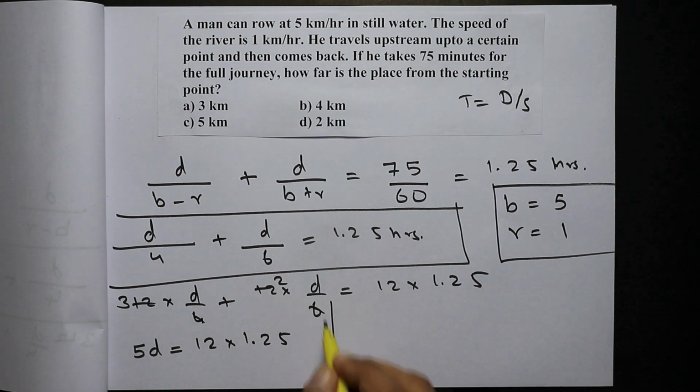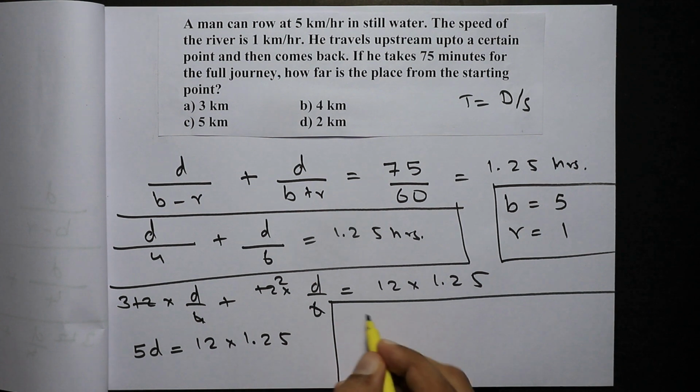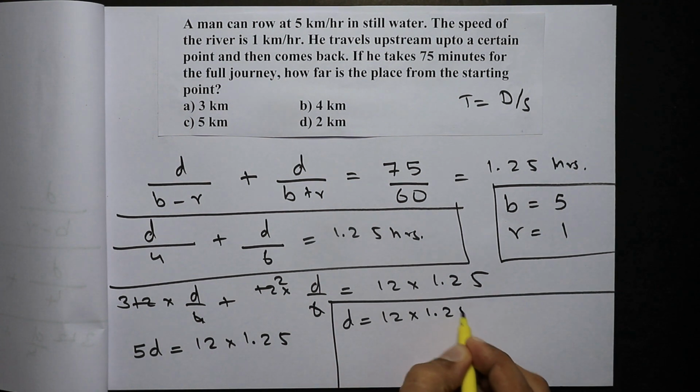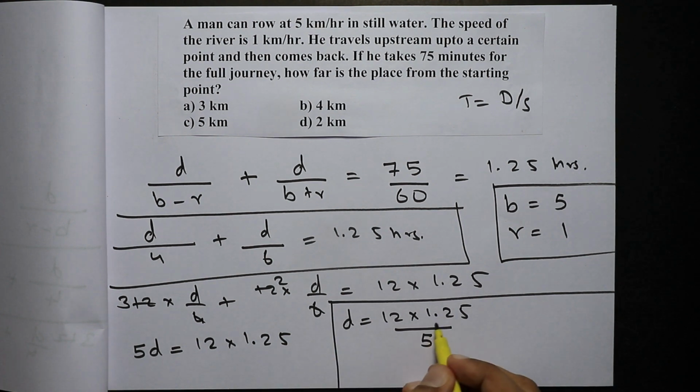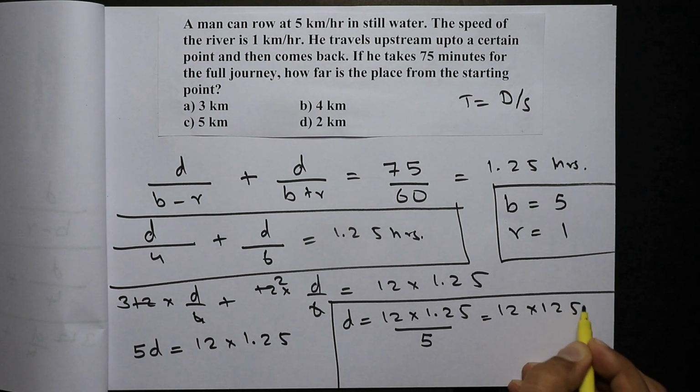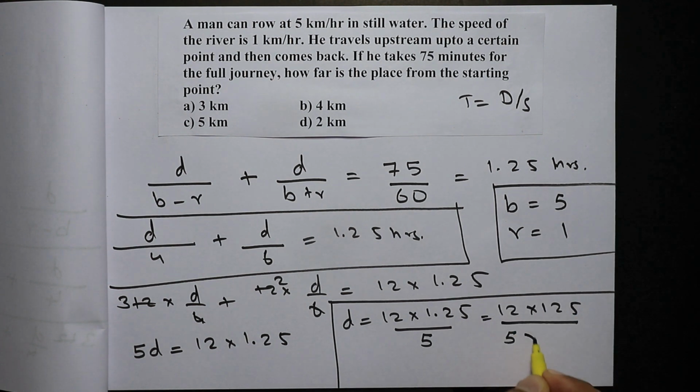So we'll just work it out here. D you will get as 12 into 1.25 divided by 5. I'll just multiply both sides by 100, so this 1.25 will become a more manageable 125. So that will be 12 into 125 divided by 5 into 100.